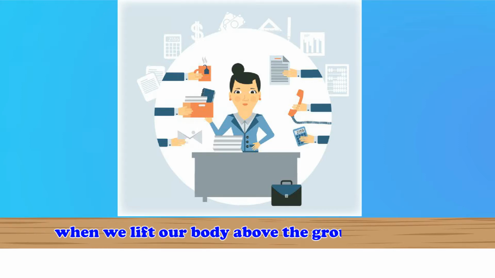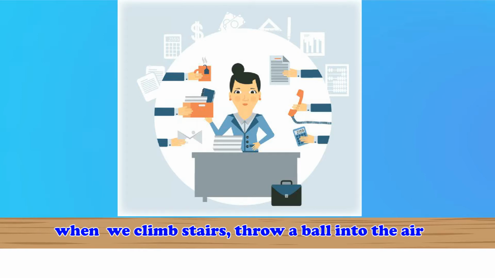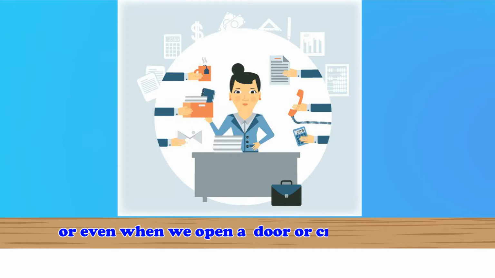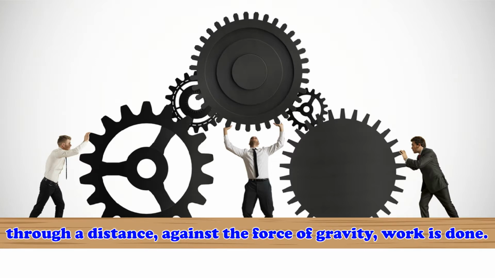When we lift our body above the ground, when we climb stairs, throw a ball into the air, or even when we open a door or crack a nut. So in simple words, when force is applied on a body to make it move through a distance, against the force of gravity, work is done.